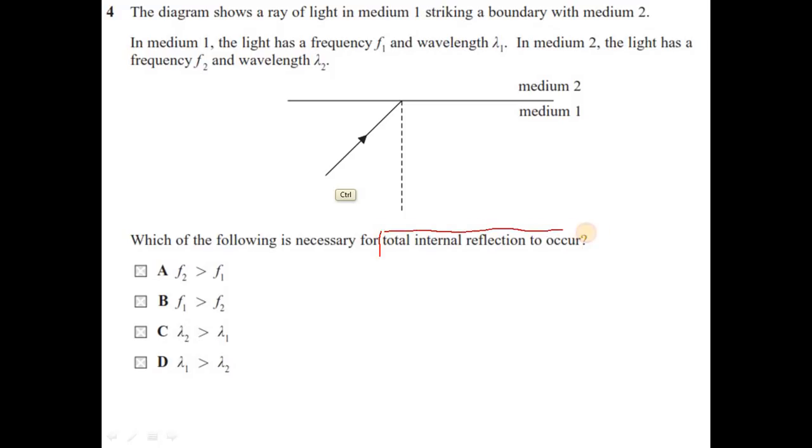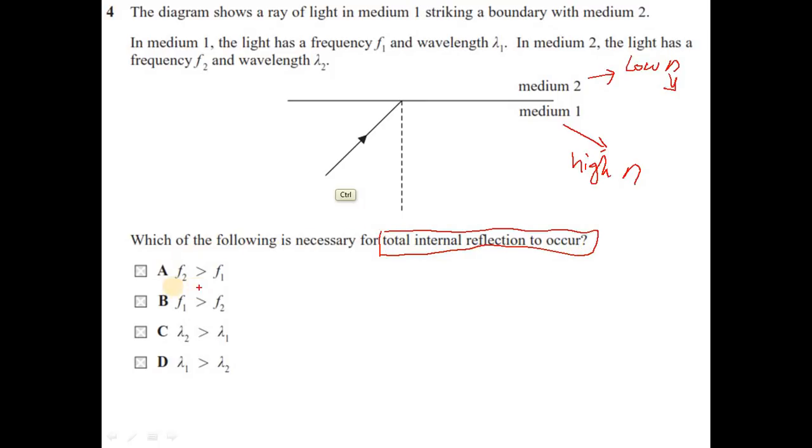Total internal reflection. That means medium 1 has high refractive index, high n values, and medium 2 has low refractive index, low n value. I'm using n for refractive index. That's the condition for total internal reflection.